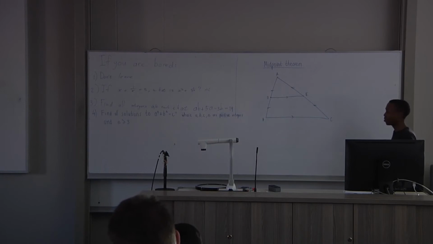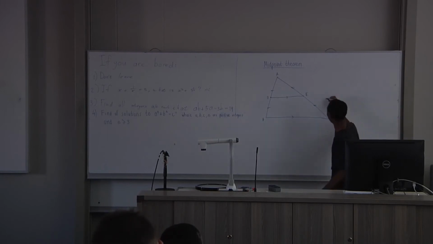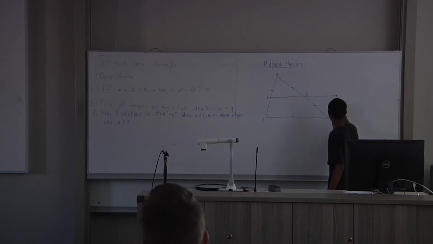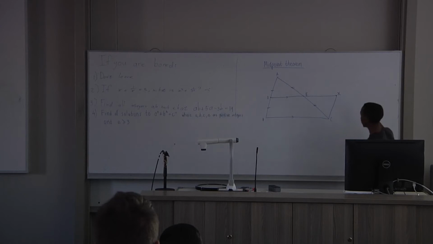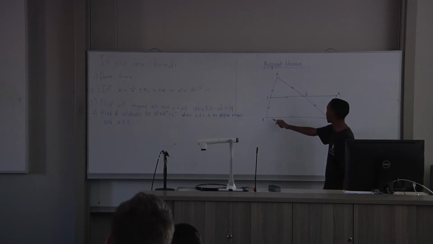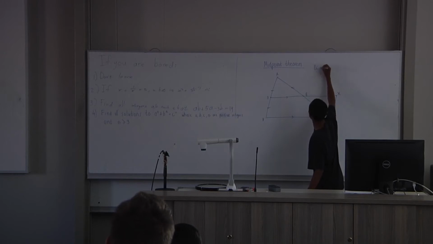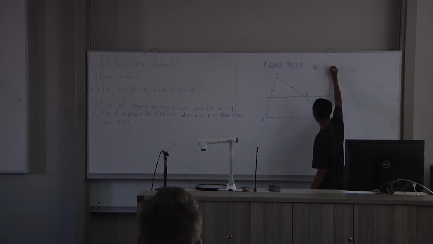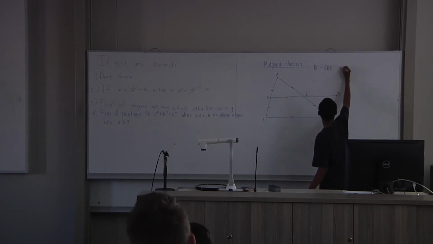So what we do is we construct a point such that, construct a point X here. Oh yeah, sorry, I forgot to say, the midpoint theorem also says that BC is twice DE. So BC is 2 times DE.